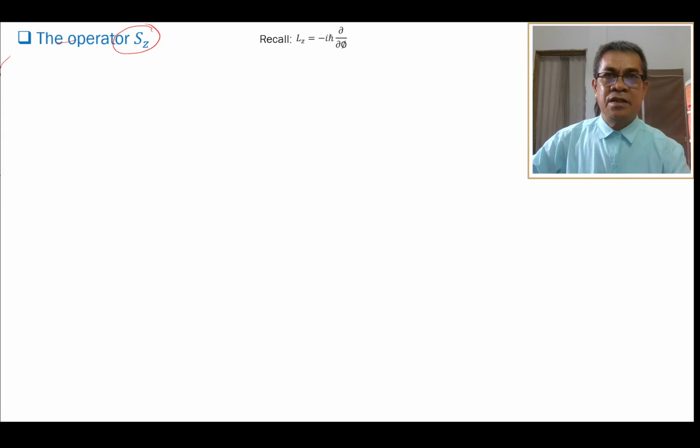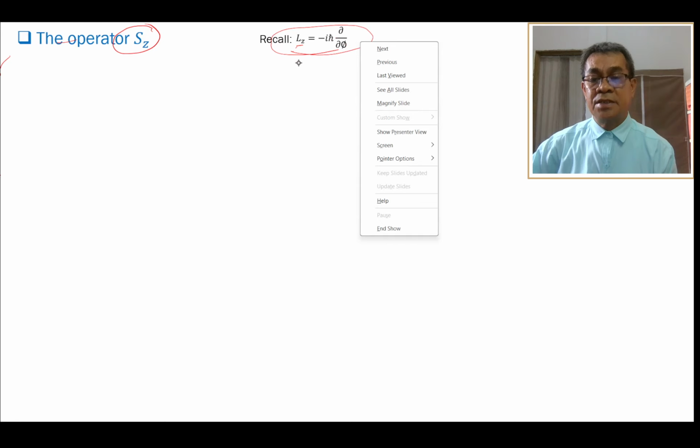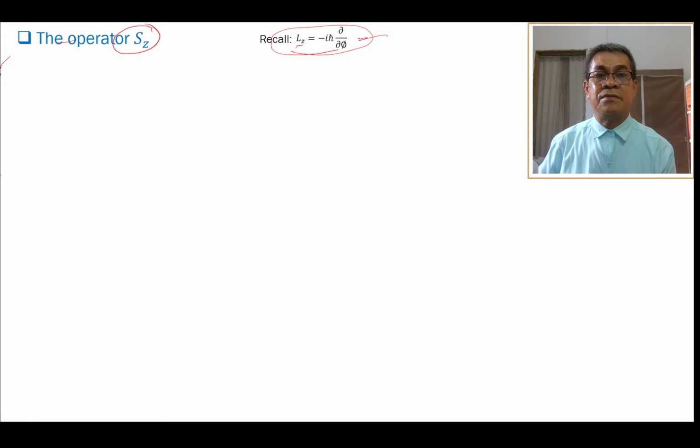If S squared is what we have as a result previously, what is now the component of the spin along the z-axis? In the previous topic, on orbital angular momentum, we came up with this: the z component is negative i h bar partial derivative with respect to phi. So we derived this previously. Now this time we are interested in the spin one.